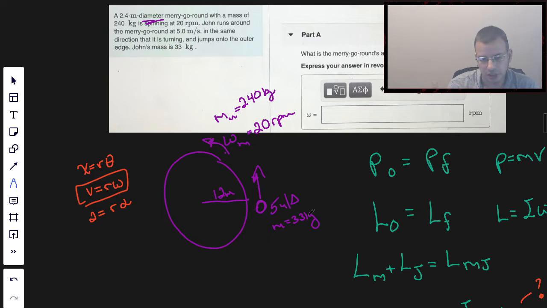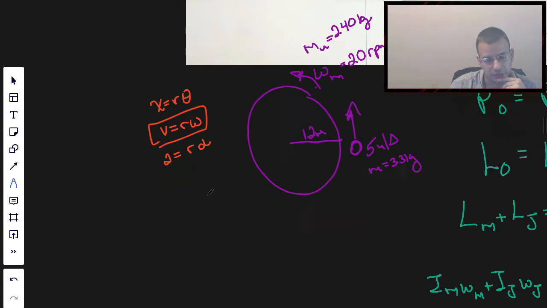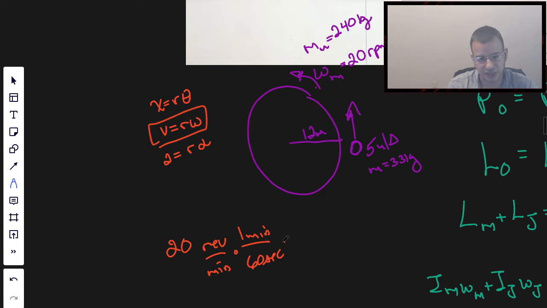To convert revolutions per minute to SI units, we do 20 revolutions per minute, times 1 minute over 60 seconds, and 1 revolution is 2 pi.